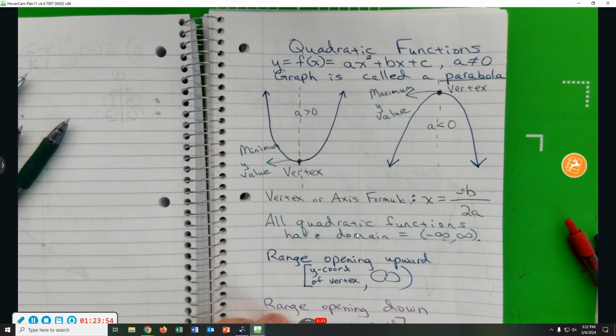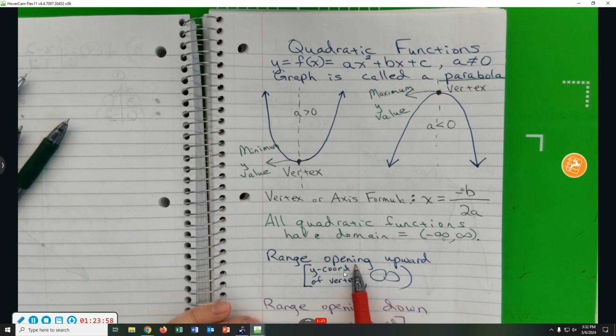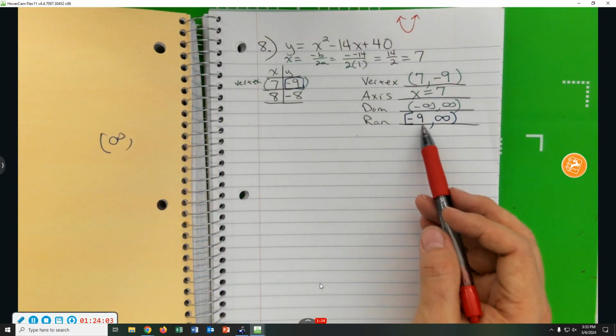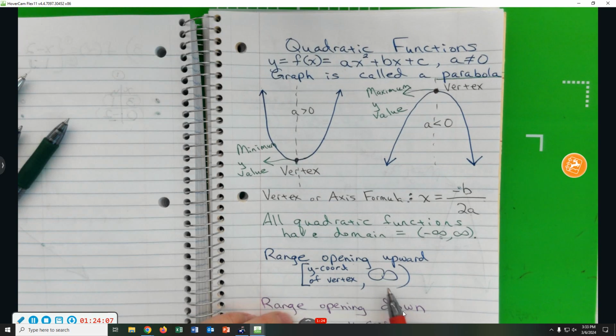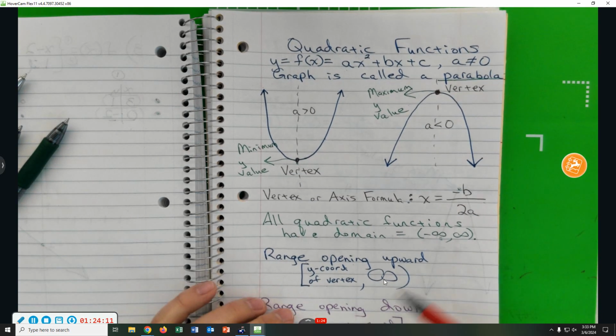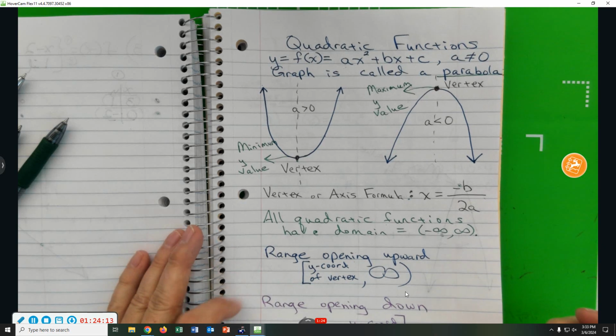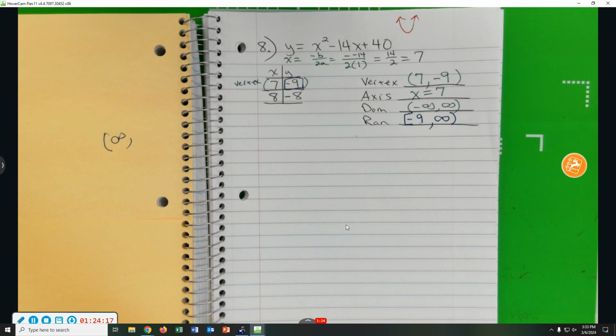When the parabola is opening upward, you use the y coordinate of the vertex. That's where we got that -9, the y coordinate of the vertex, and then on to positive infinity. So hopefully these generalizations make a little more sense now that you've seen an actual graph.